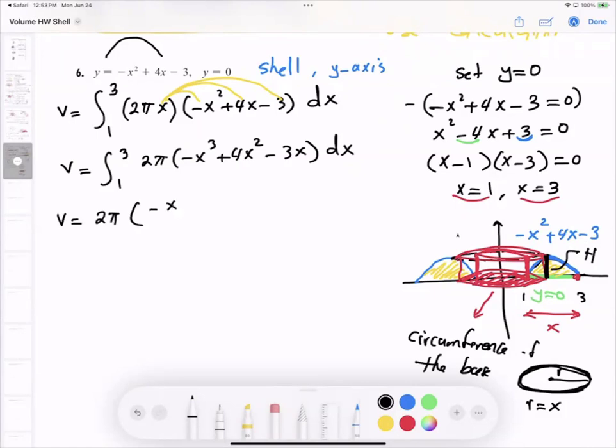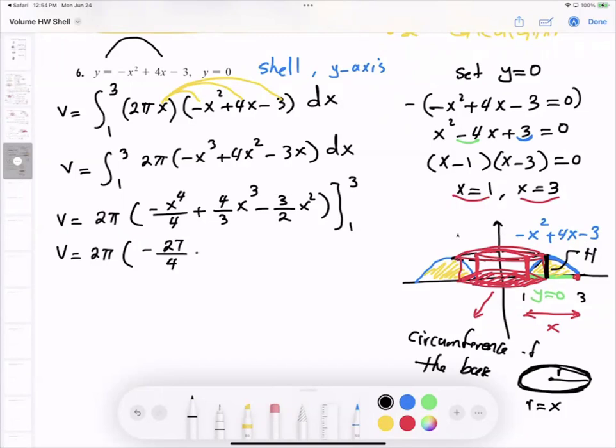So the volume is 2 pi times negative x to the fourth divided by 4 plus 4 thirds x to the third minus 3 halves x squared, with x ranging between 1 and 3. Let's plug in 3 first, then plug in 1, then do the subtraction.